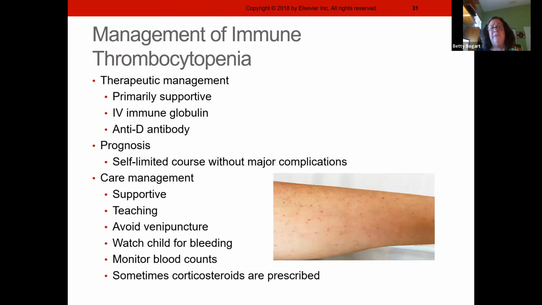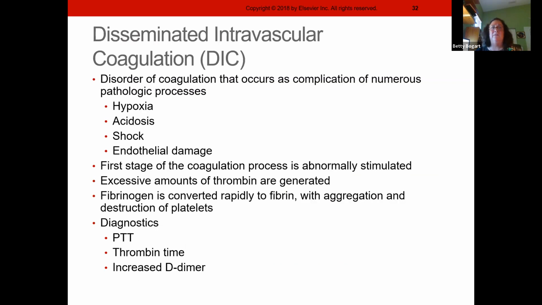Now, one of the things about thrombocytopenia that I wanted to mention is usually it takes a while to cure it, maybe up to about a year. But with diligence, it can be cured. And if after a year it's still there, this child's going to be living with monitoring his platelet counts.